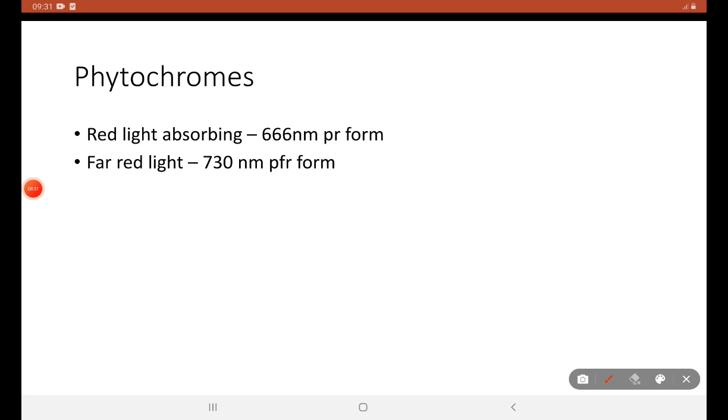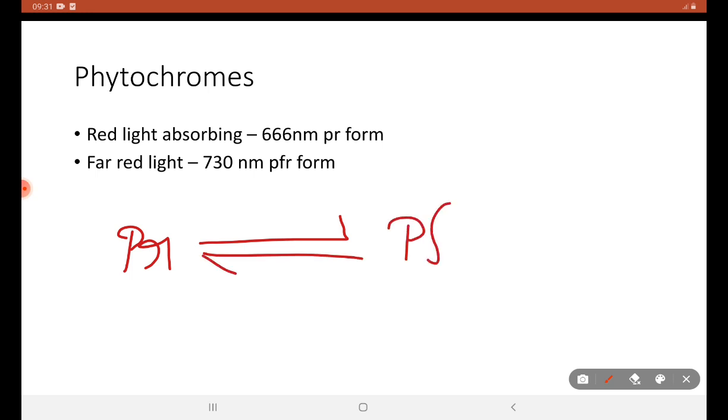Now we will see how the photoconversion takes place. PR form and PFR form are reversible. PR form is converted into PFR form in presence of red light. PFR form is converted into PR form in far red light.